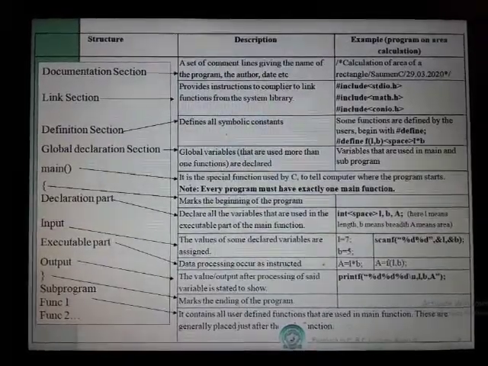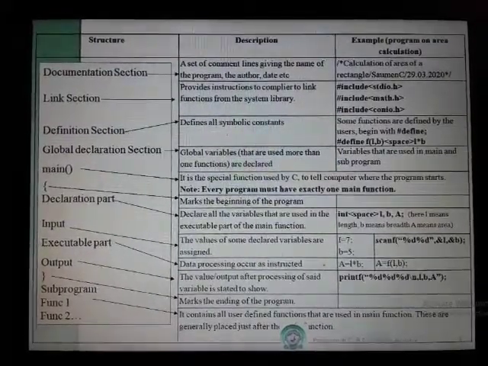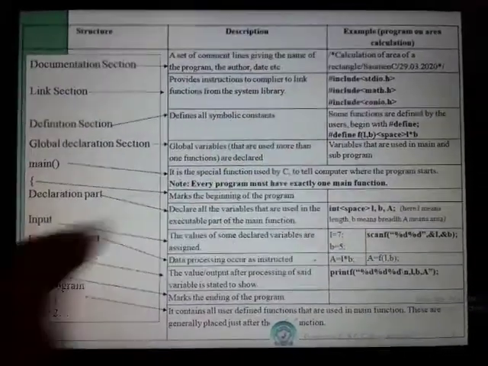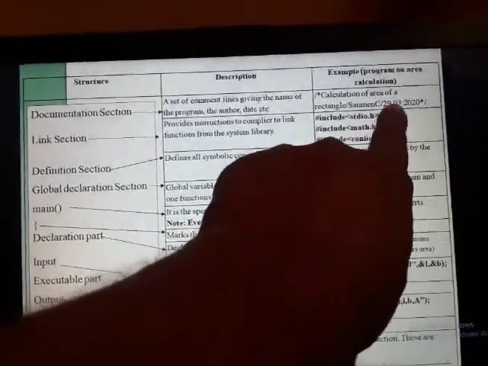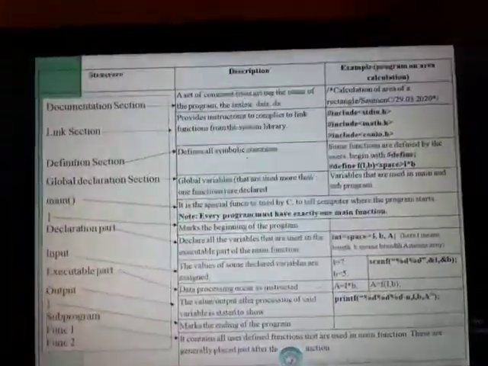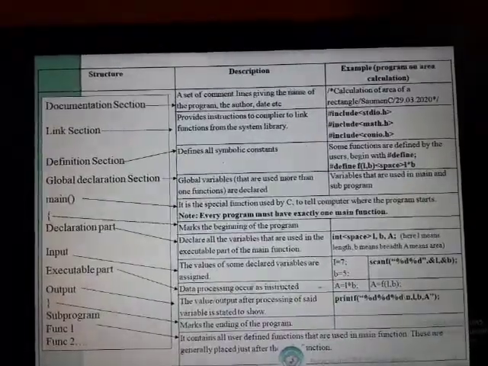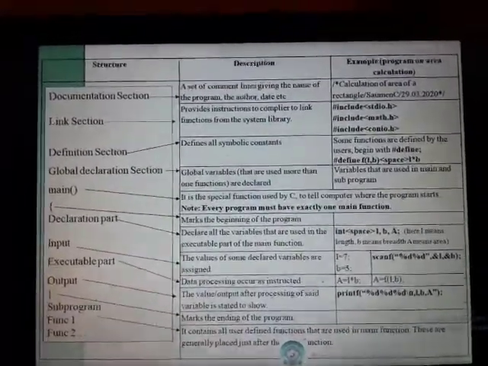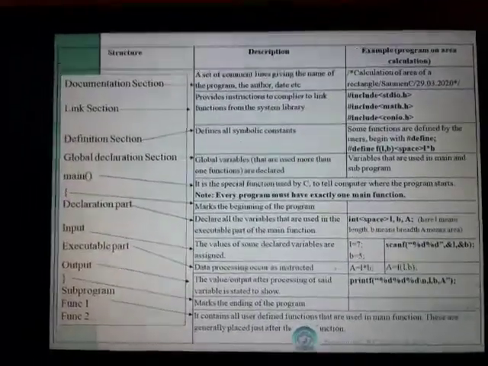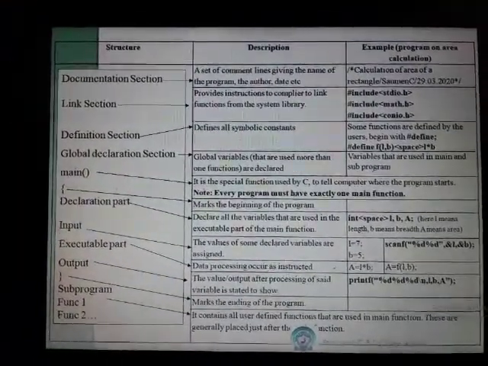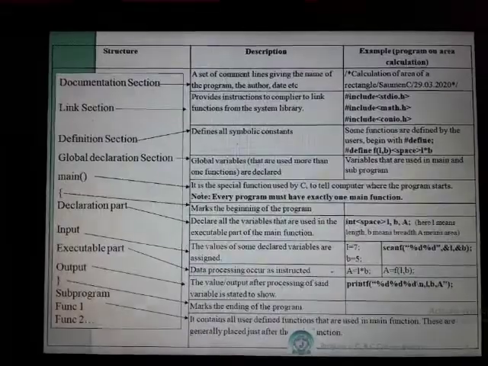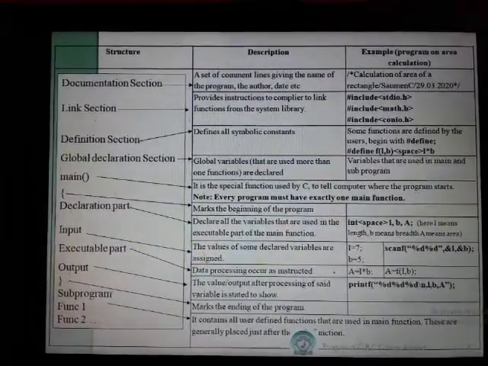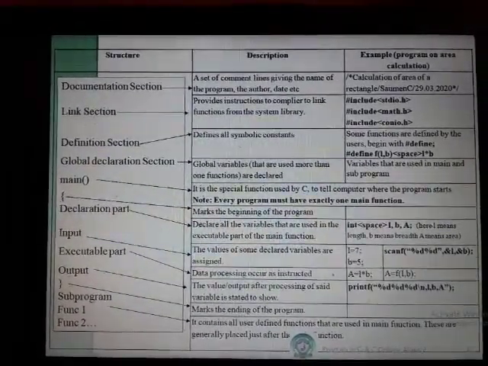So, in the documentation section, we write calculation of area of the rectangle, Somensi as author and the corresponding date. Here, it is to be noted that a comment line starts with a slash and star.